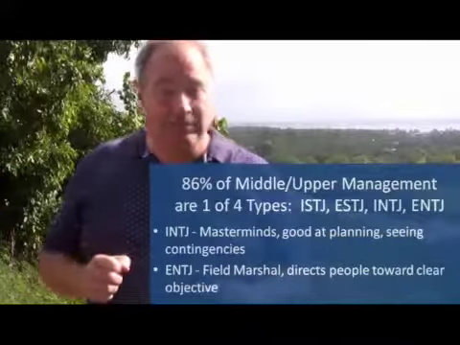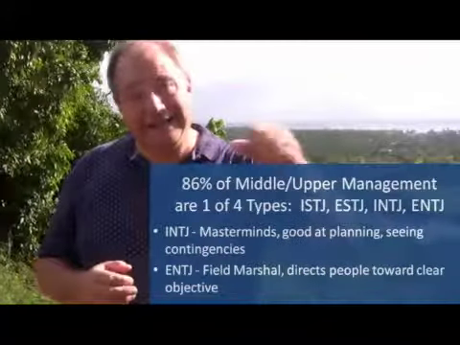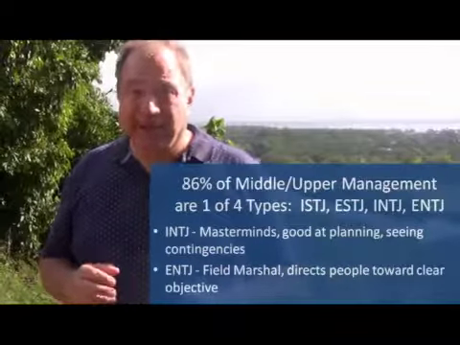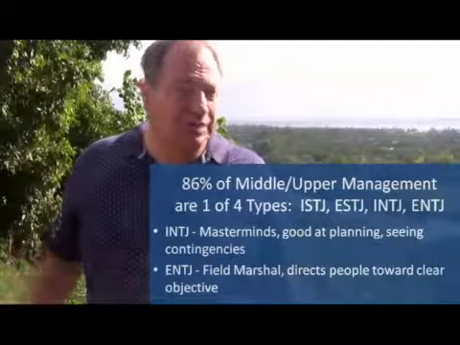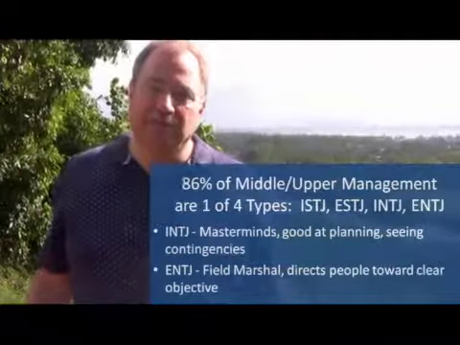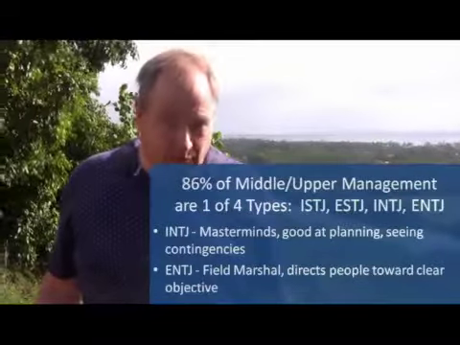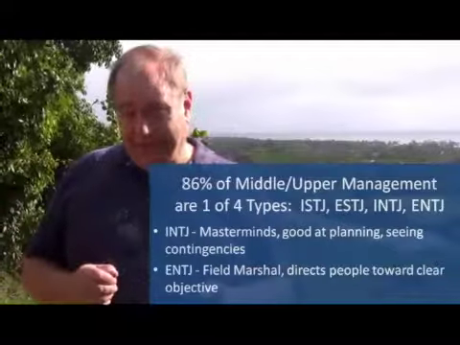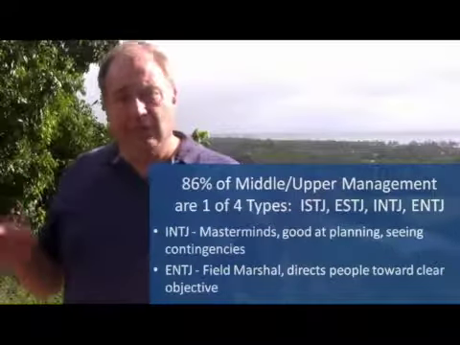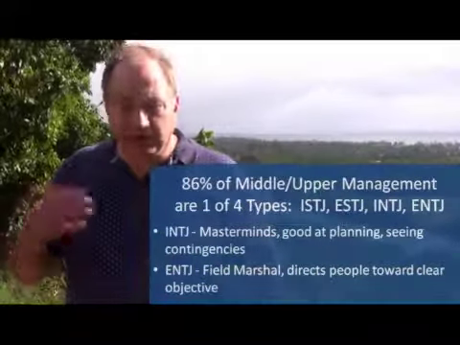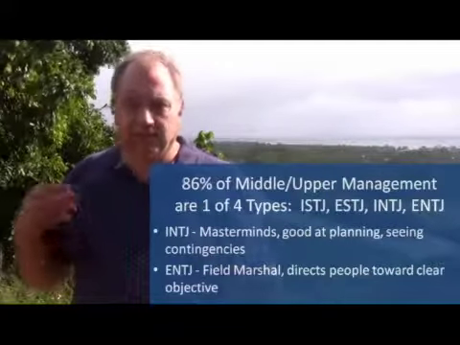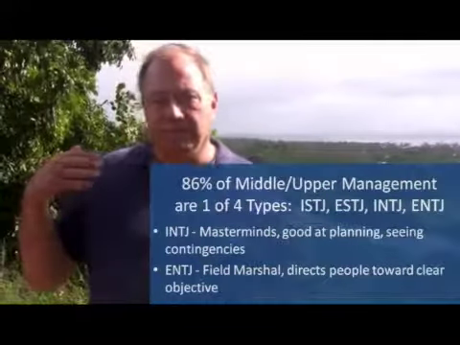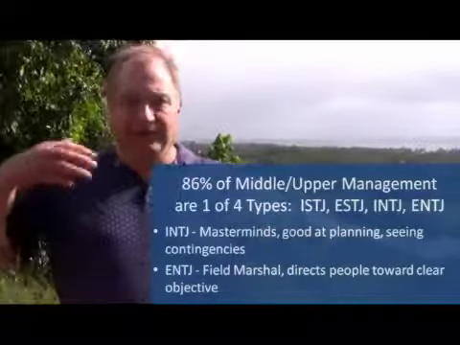All right, now let's talk about the NTs, and we have both an extroverted NT and an introverted NT. And in combination, those two may be 20%, 22% of senior management, but a very important 22%. The introverted NT is your mastermind. They have all the intuitive traits of thinking before they speak and being more focused on the data.